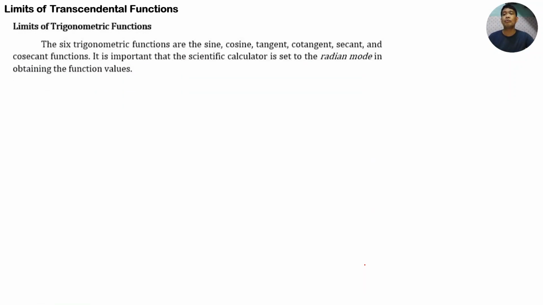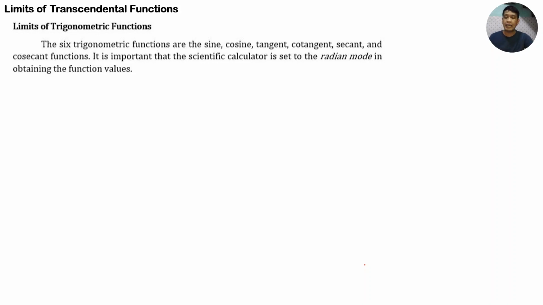So let's proceed with the next one, which is the limits of the trigonometric functions. So since we have 6 trigonometric functions, sine, cosine, tangent, cotangent, secant, and cosecant functions, and we know for a fact na kapag dealing with these angles, dapat kapag gagamit ng calculator, you have to express your angle in radian, so dapat ang calculator naka-radian mode din.